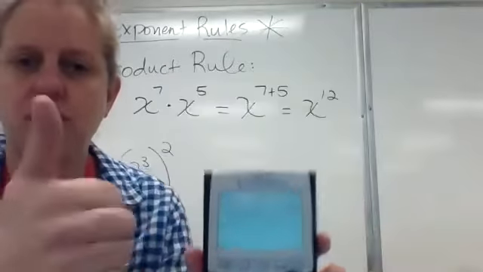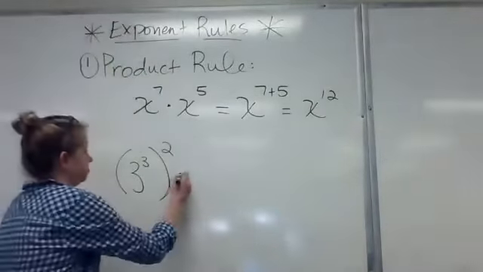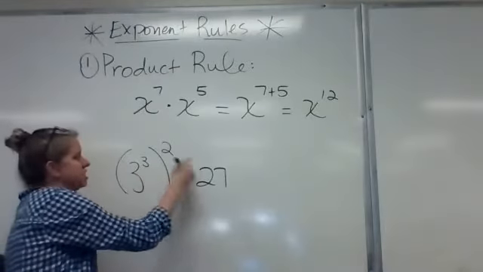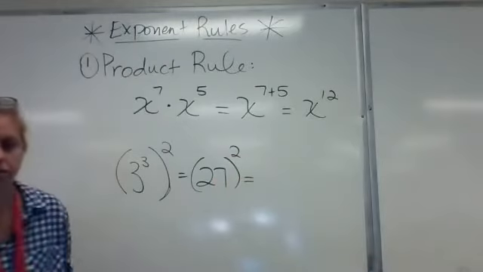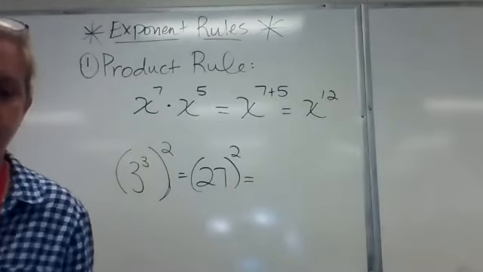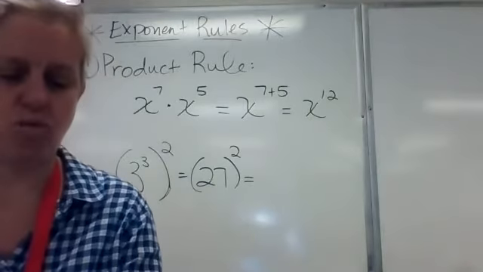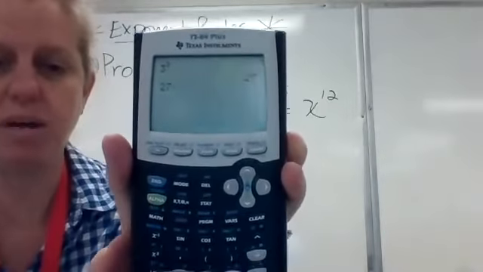Because 3 to the third means 3 times 3 times 3, which is 27. So that just took care of this part right here. I still have 27 to the second power. So I can still keep going further here. 27 times 27, right? That's what that's meaning.